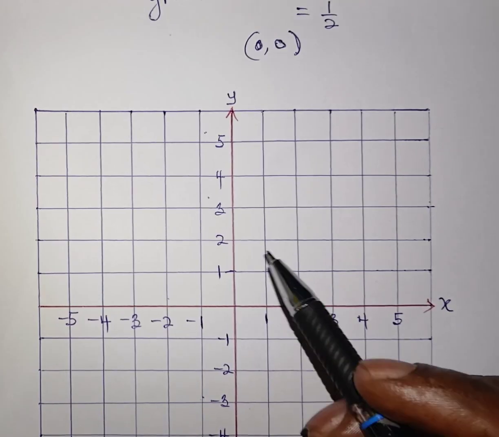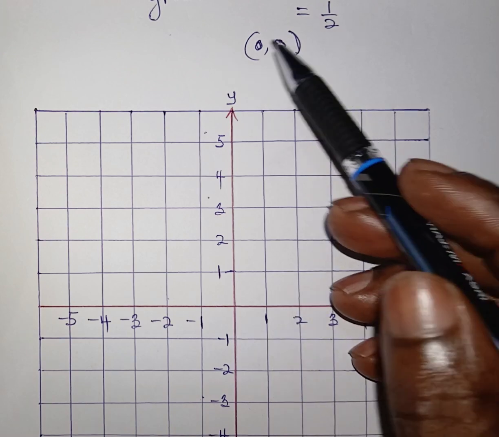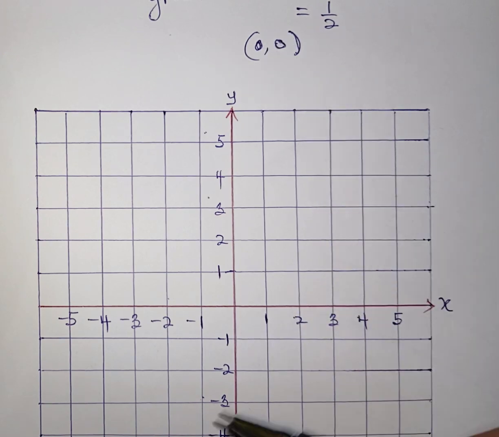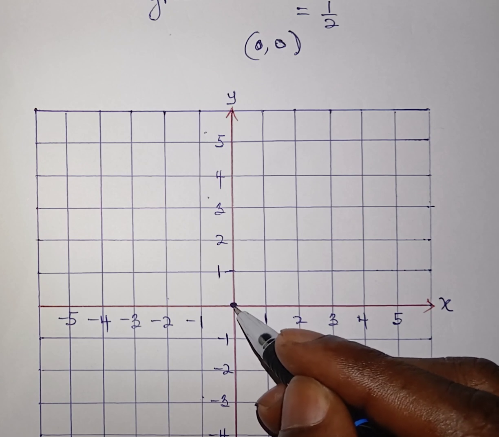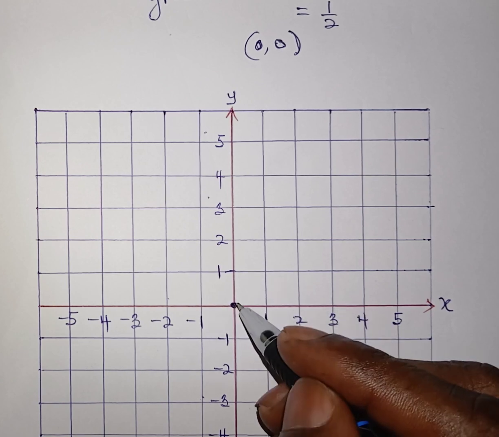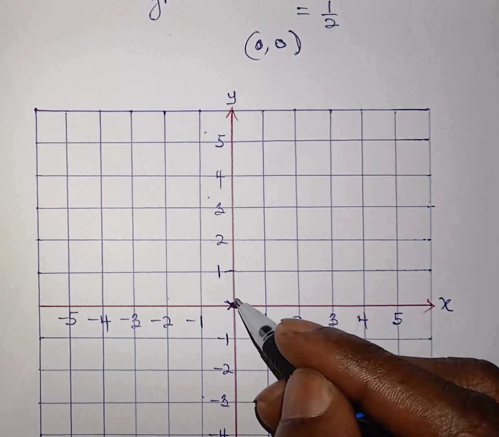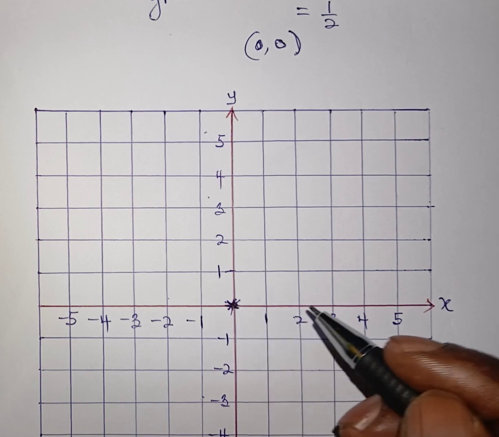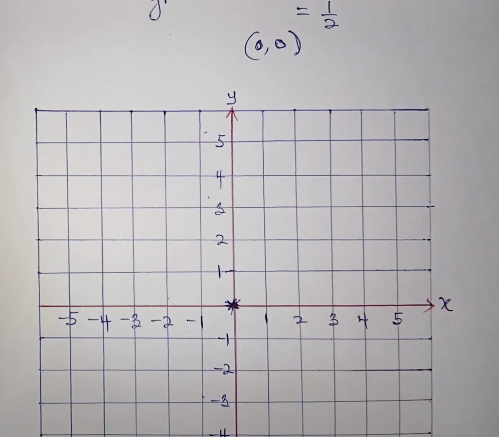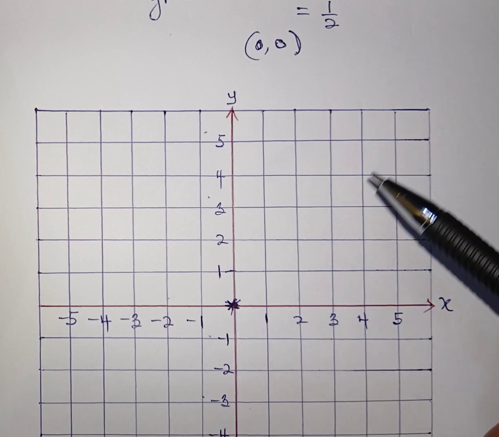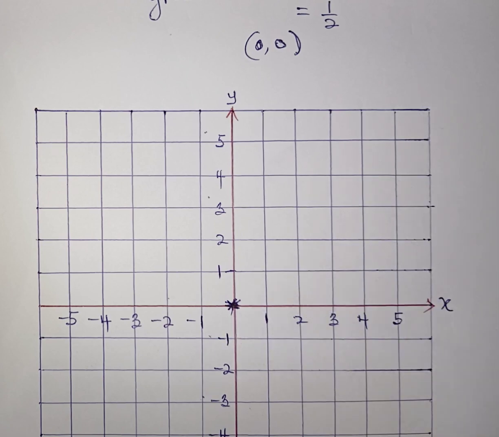So this will be our point, the coordinates for the center. Once we have a positive gradient, it means that it will rise. How many units? 1 unit.